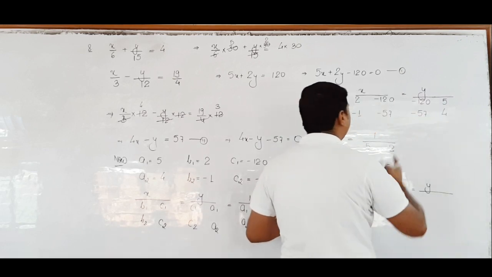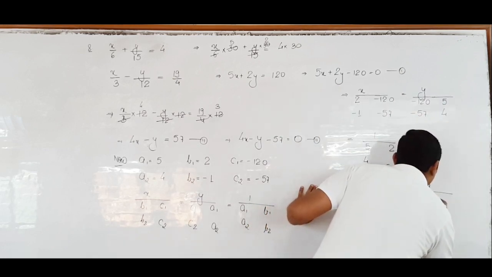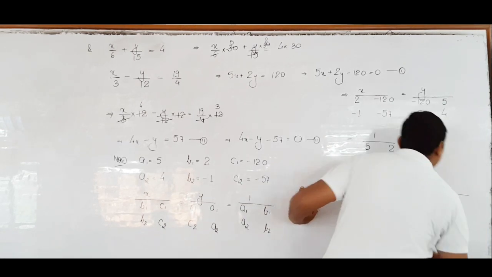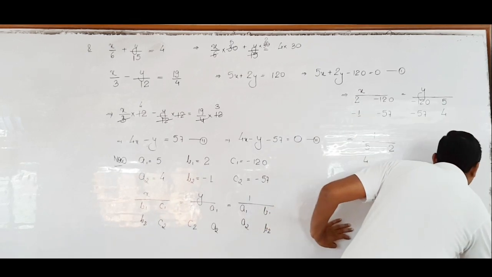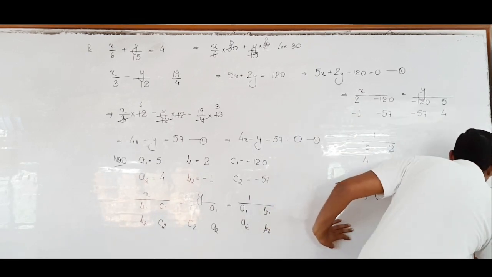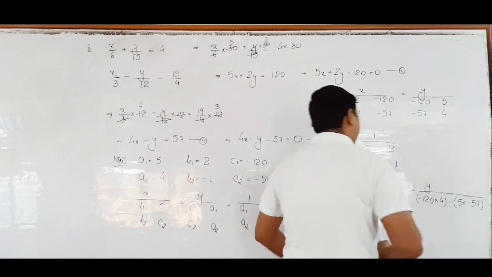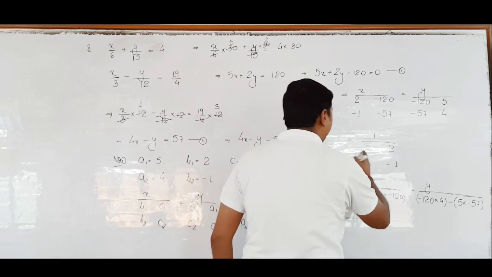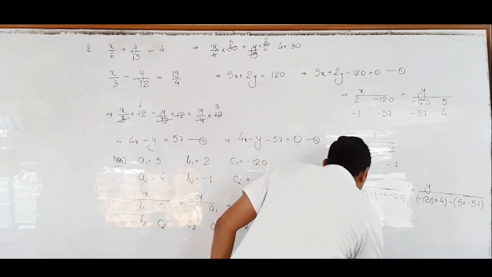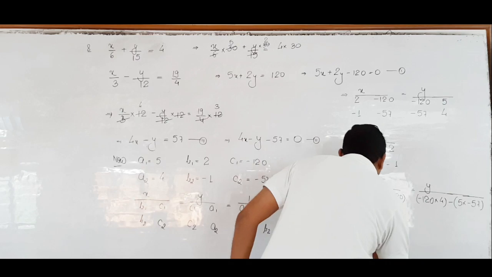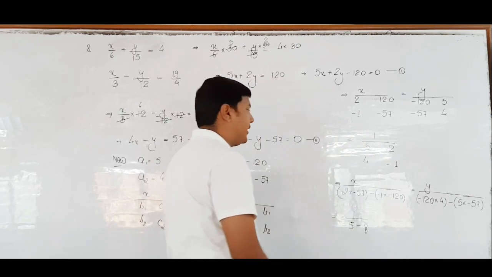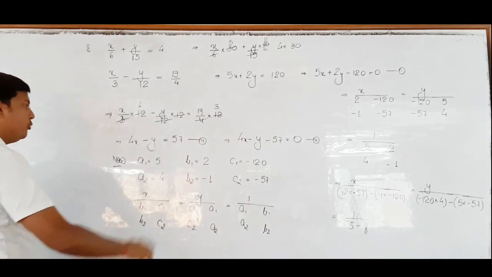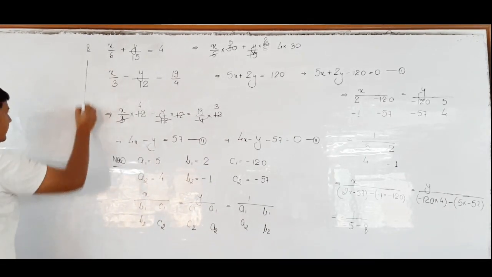Y by minus 120 into 4 minus 5 into minus 57. 1 by 5 into minus 1, it's minus 5, minus 4 2s are 8. That's right. Fine. Now, we'll proceed this part here.